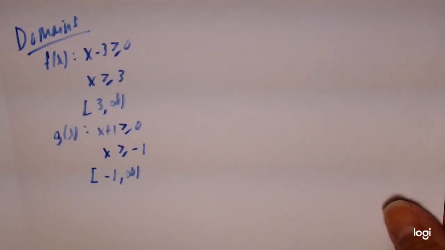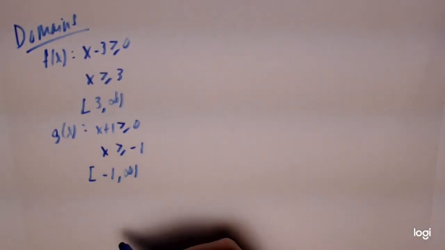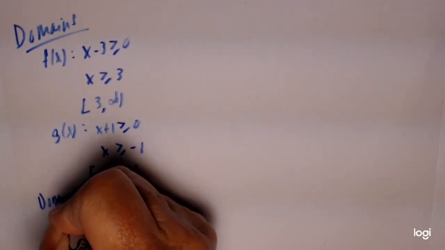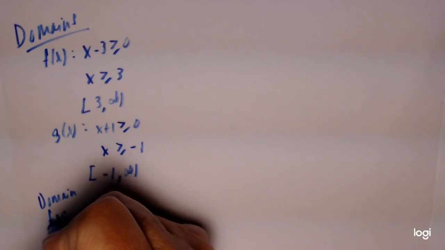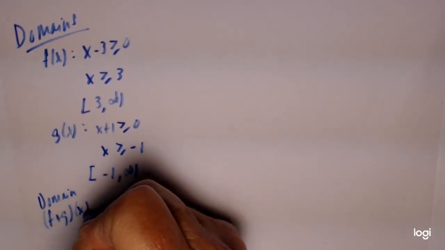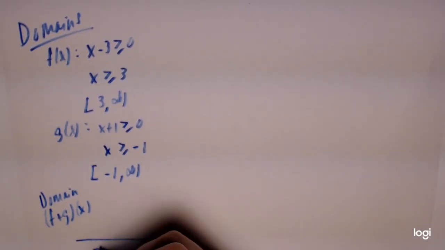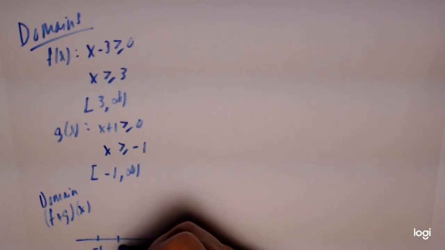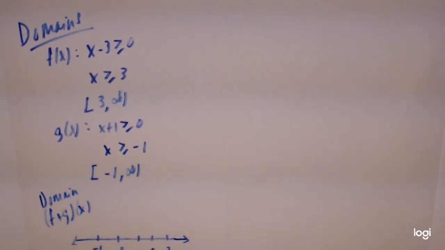So in this case, I think it can be helpful to look at a little graph, the domain of f plus g of x. So the domain for this function we've created, let's make a number line here. -1, 0, 1, 2, 3, and it goes on, and it goes on. So there's our number line.